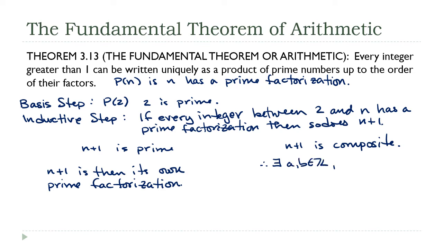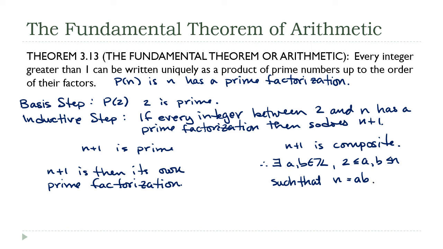Both of these numbers have to be between 2 and n, less than or equal to n, right? They both have to be smaller than n plus 1 itself, such that n plus 1 is equal to the product of a and b.